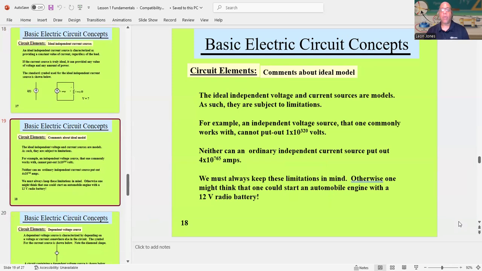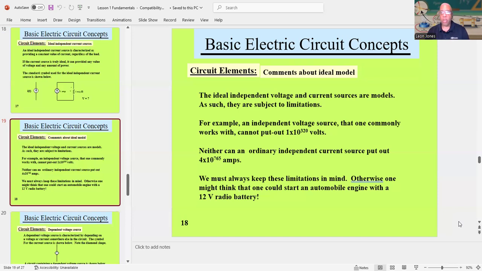Now, the ideal independent voltage and current sources are models. As such, they are subject to limitations. For example, an independent voltage source that one commonly works with cannot put out 1 times 10 to the 320th power volts.